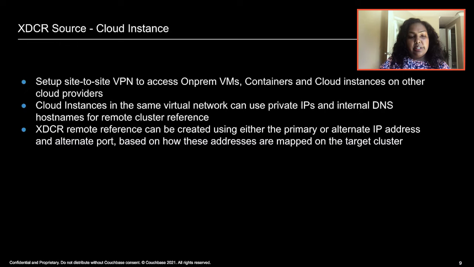And if you are on the same virtual network, you can use private IPs and internal DNS. And there's one more neat thing you can do. You can set up alternate IP addresses for your cloud instance. This is a great way to secure your instance. You can have one internal IP and one external IP and have the XDCR remote reference created using the external IP and port.